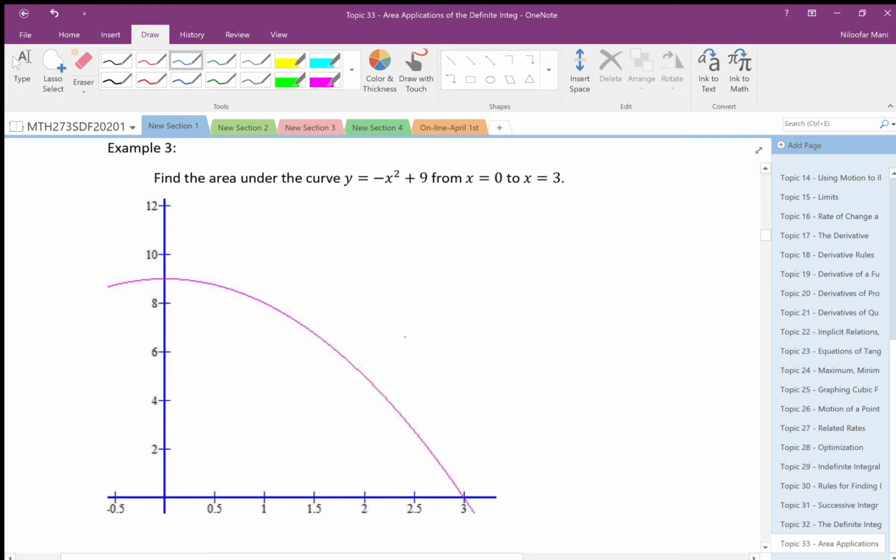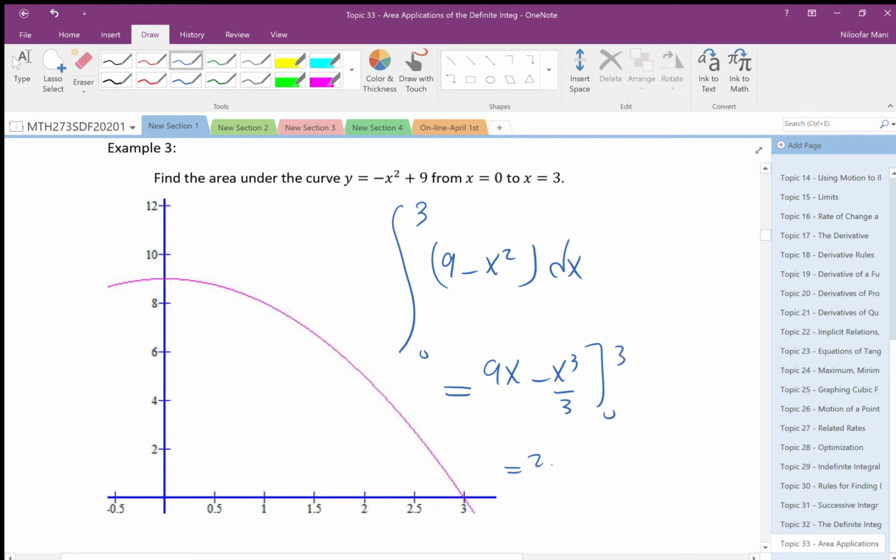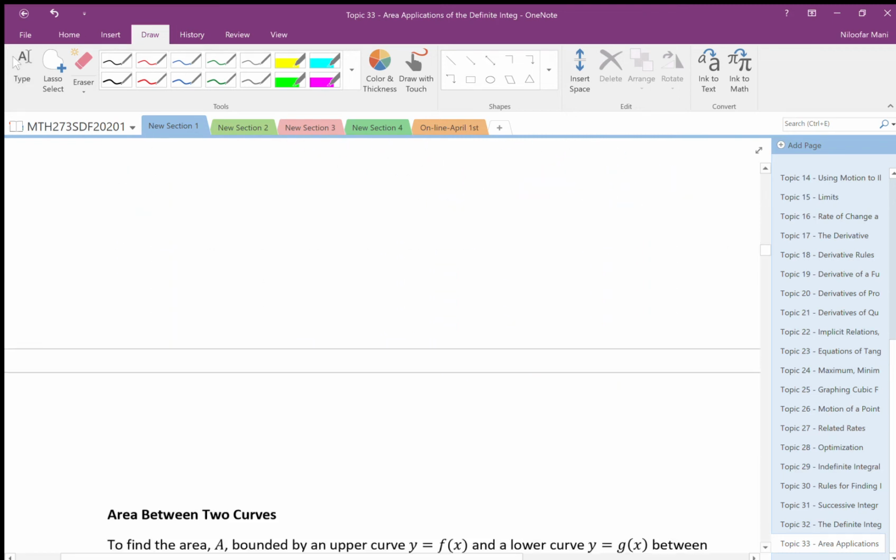So the answer is the integral from 0 to 3 of 9 minus x squared dx, which is 9x minus x cubed divided by 3 from 0 to 3. Then it is 27 minus 9 minus 0, which is 18. 18 unit squared. So perfect.